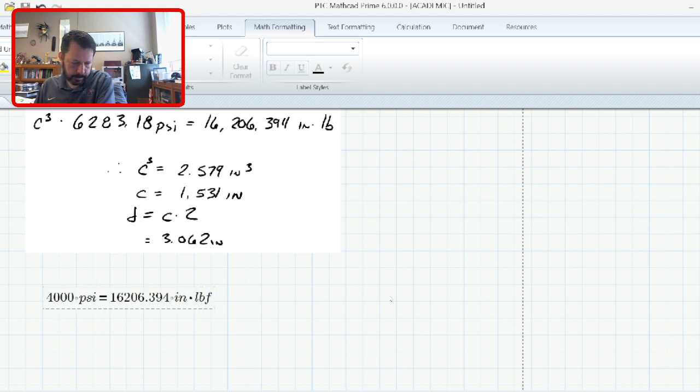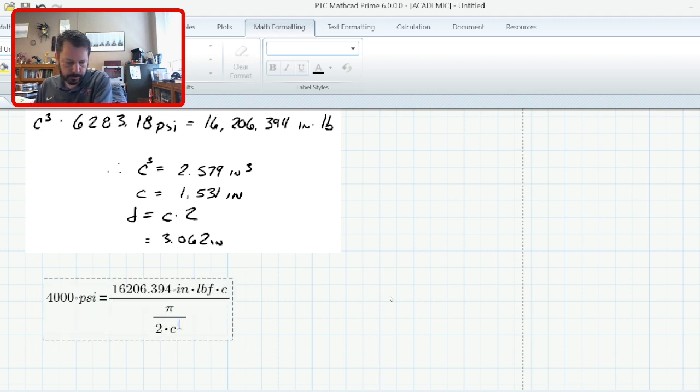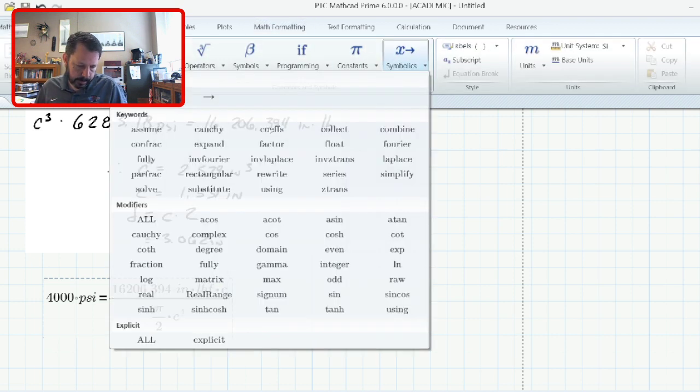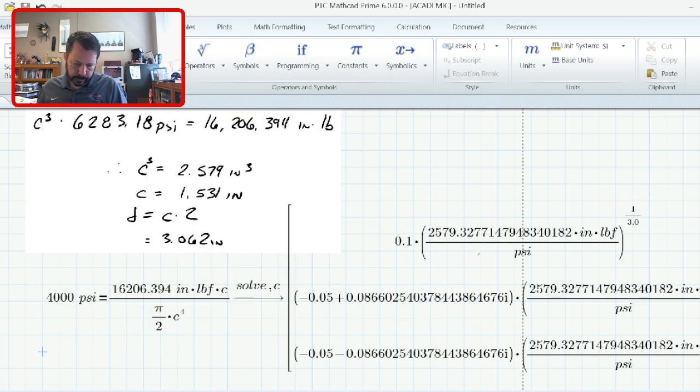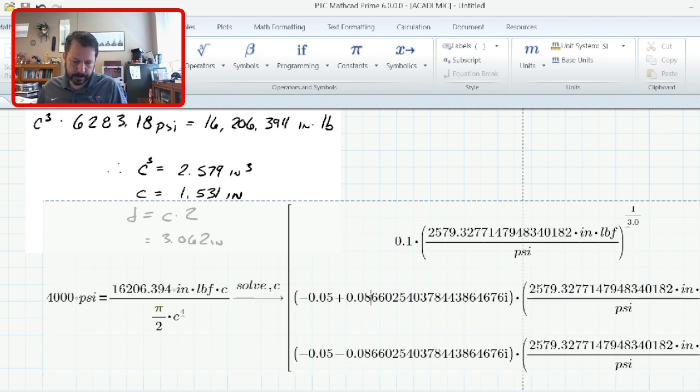So that's T times C over pi over 2 times C times all of that times C to the fourth. And then let's see if we can solve for that guy. We don't need the ones with the imaginary parts, so we'll take this one, which looks kind of crazy.